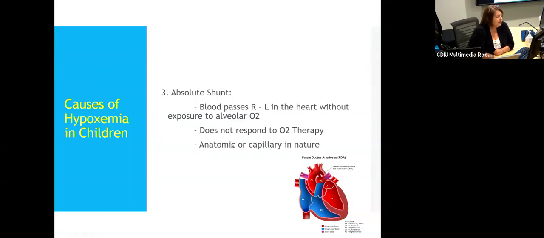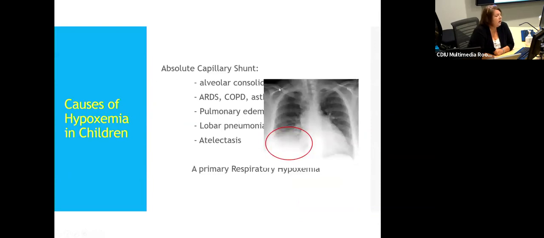You can tell that this is happening because if you increase the O2 delivery, if you increase the FiO2 that you're breathing in, it doesn't increase your bloodstream PO2. It can be either anatomic or capillary in nature. So anatomic would be congenital heart defects that actually have holes.